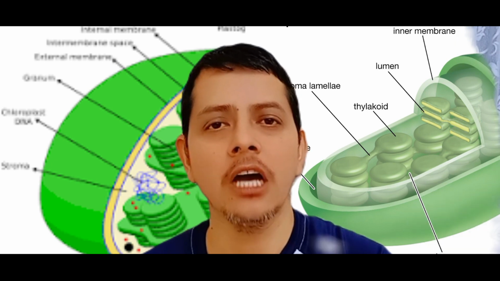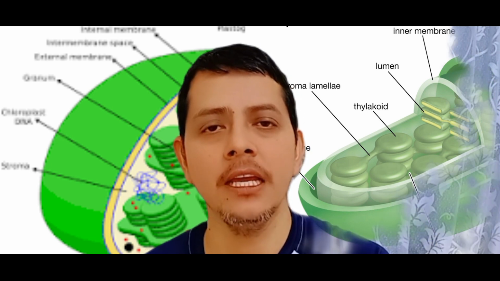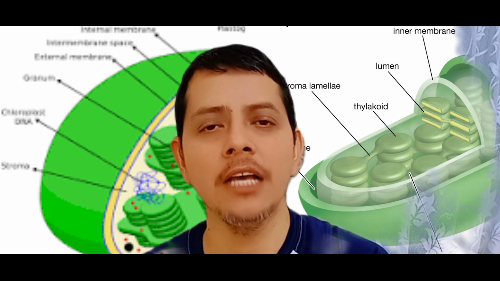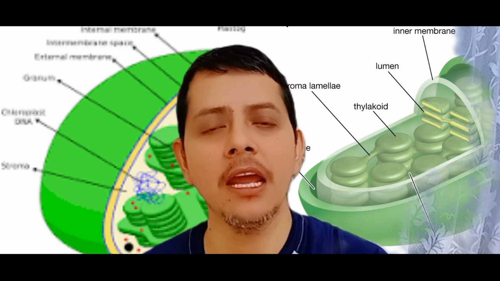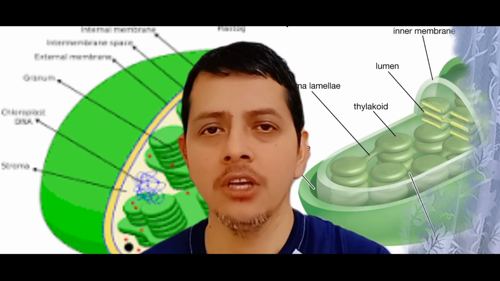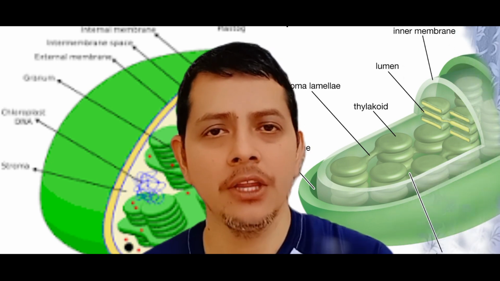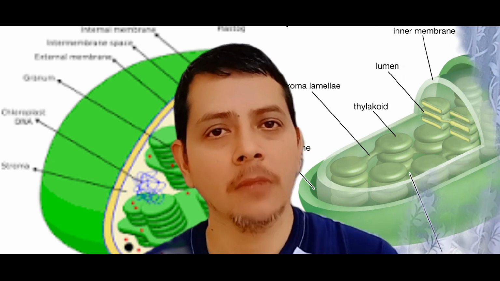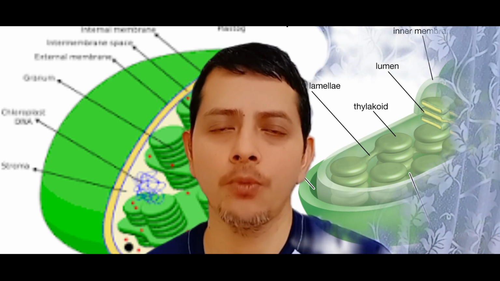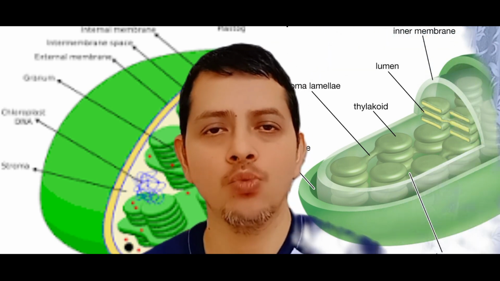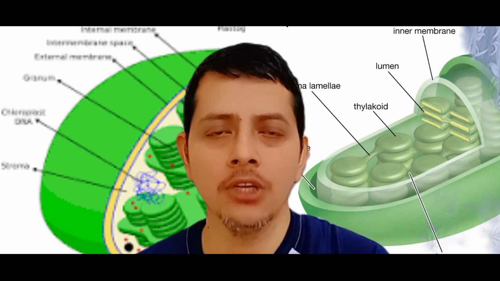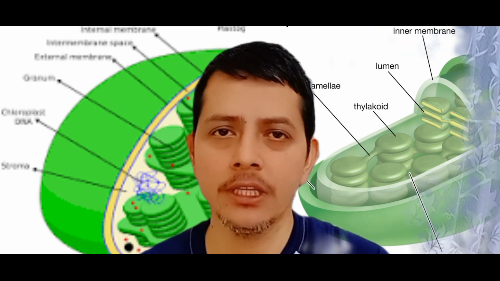During the dark phase there is only a single step: reduction of carbon dioxide into carbohydrate by utilizing the energy, that is ATP and NADPH2, the products of the light phase. The products of the light phase are used to produce starch. That's why we say reduction of carbon dioxide to carbohydrate. These are the steps of photosynthesis.